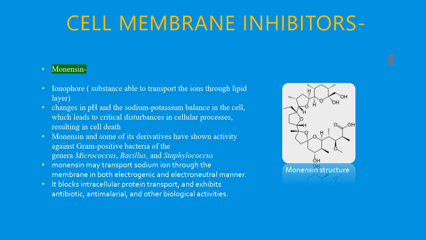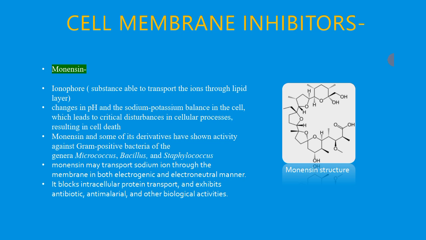Okay, and electroneutral means there will be no potassium, and therefore in both ways it will transport the sodium and it will block the protein transport. And therefore the sodium potassium balance will be disturbed, right? The pH will be disturbed.